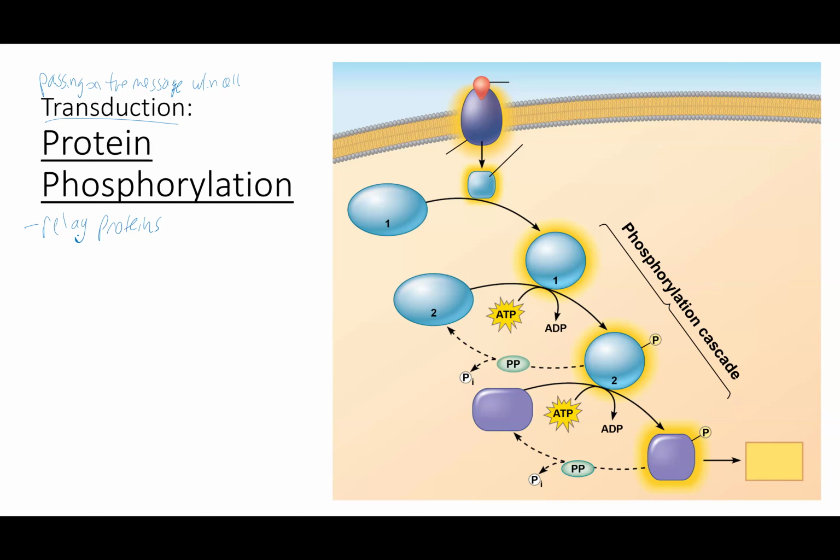So if we think of it as a relay with a baton, the analogy can only go so far, okay, so we have our message coming in. This is the gun, I guess, that says go. So we have a signaling molecule here. We're using growth factor as an example.